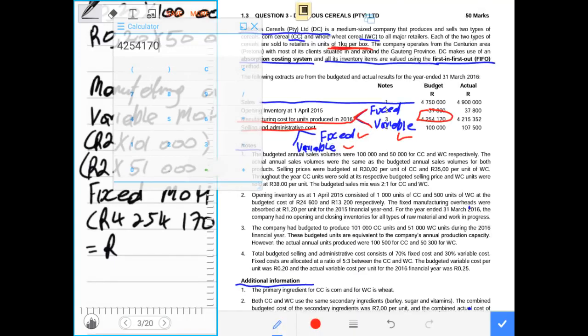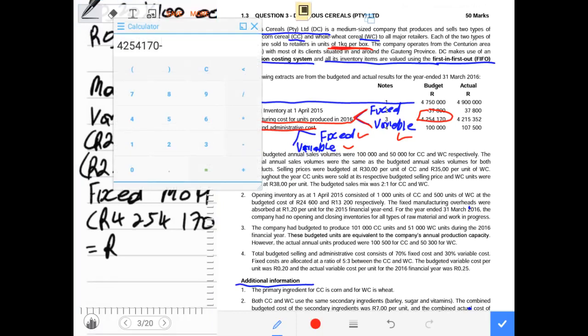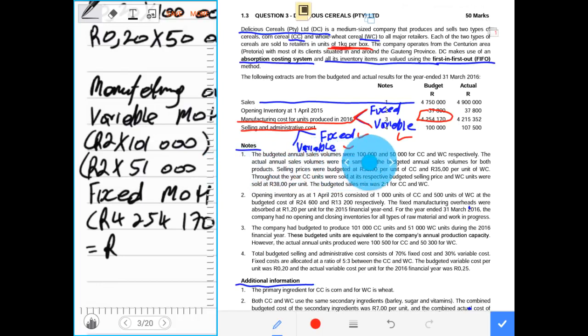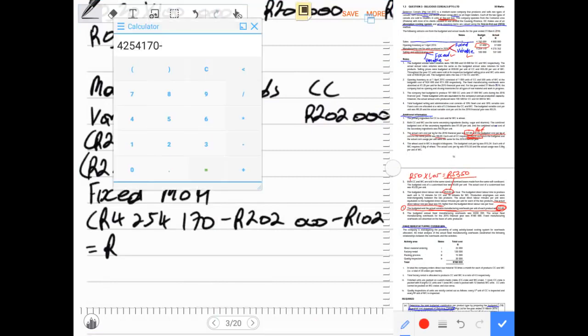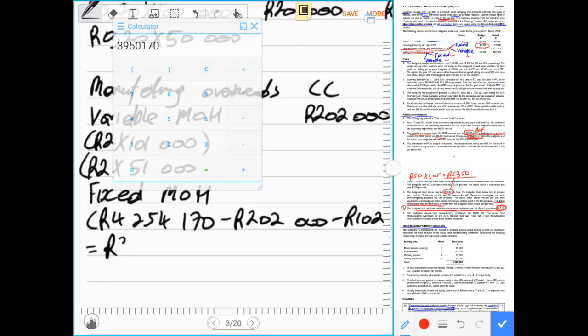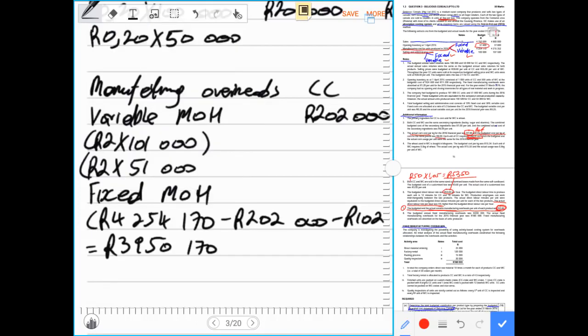Just to confirm the accuracy of that, 4,254,170 minus 202,000 and minus 102,000 gives me an amount of 3,950,170. So now this is my manufacturing overheads fixed portion.